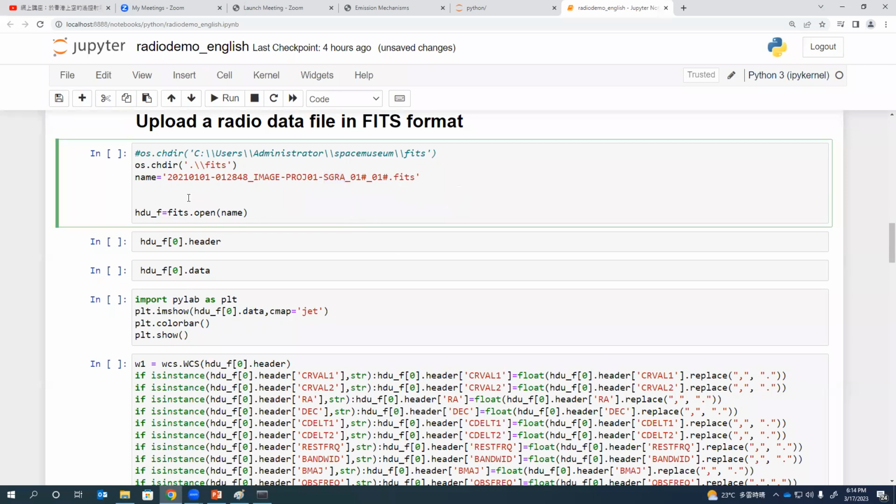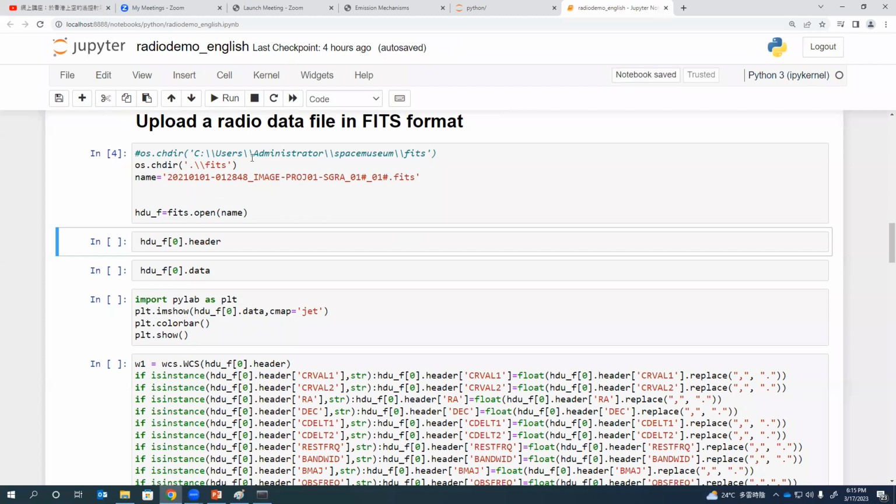So we upload this file in our directory on the C drive for the Python program already. So assume we finish our observation, we have this file, and we can replace it with our observed file and press Shift Enter. Next, you upload this file to the Python program, and the HDU is used to read out the header of the file.